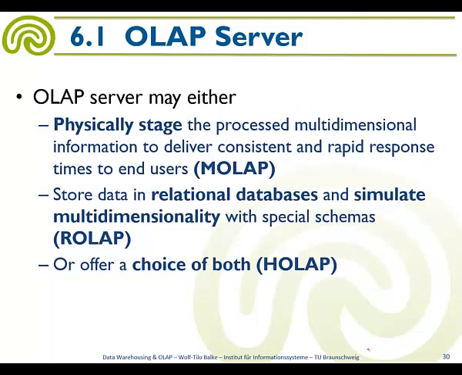Okay, so how it does that depends on the actual implementation of how you did it. So if you're using MOLAP, then basically the multidimensional information is physically staged. So you store it in a multidimensional array and can read it directly from that multidimensional array, especially if it all fits in main memory.